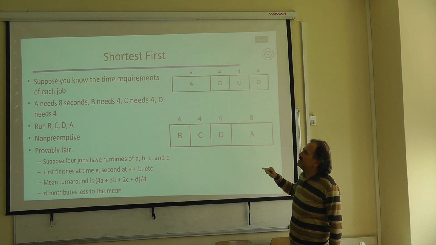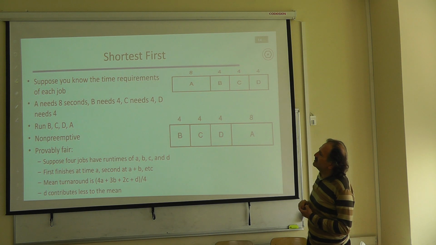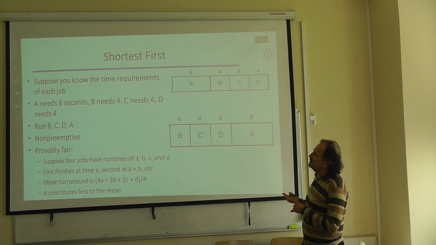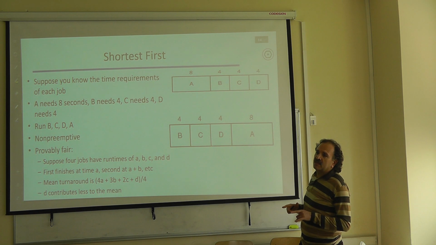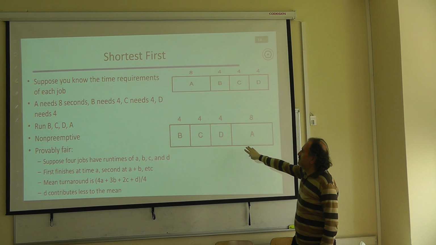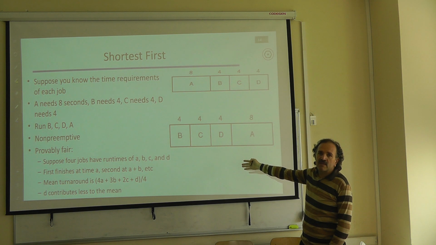So the problem here is that if I use first come, first served, how long would it take to complete all these tasks? It would take 12 plus 8, 20 seconds, right? If I change their positions, will it take any shorter? No, it will take 20 seconds again.